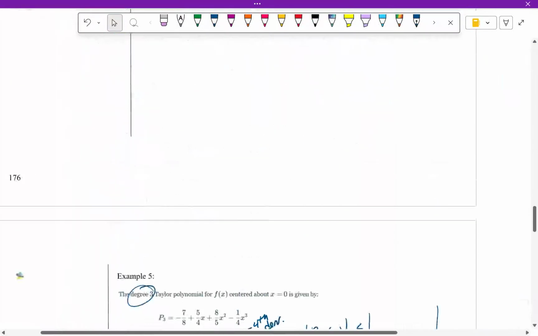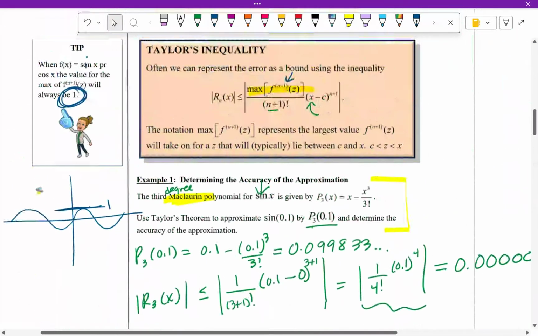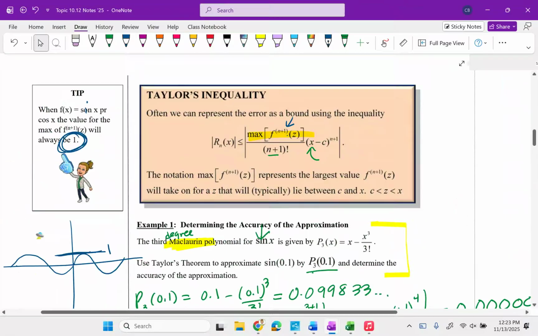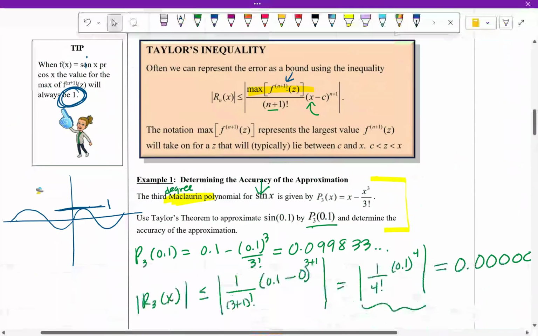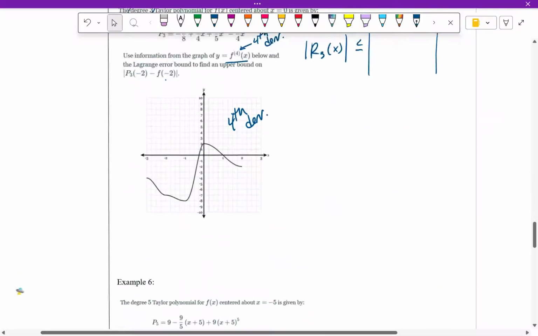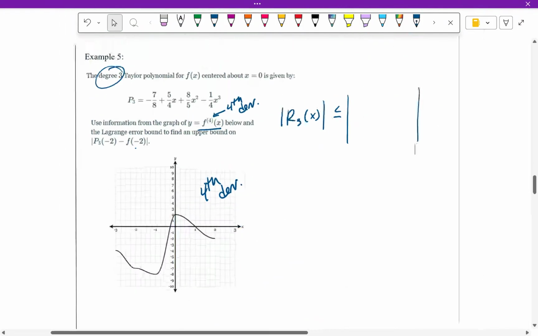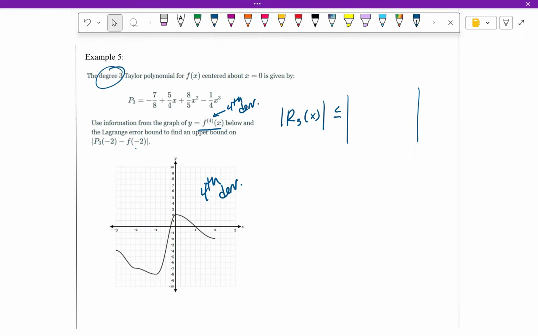I want to make sure I'm reading the formula right. It was the max of the derivative. Okay. So the value we're actually looking for is the maximum value that that fourth derivative could possibly be.